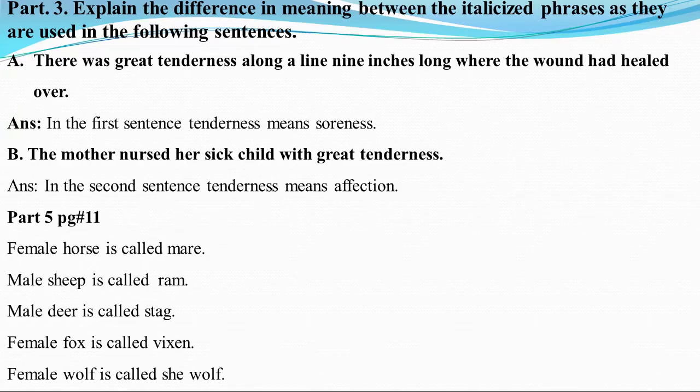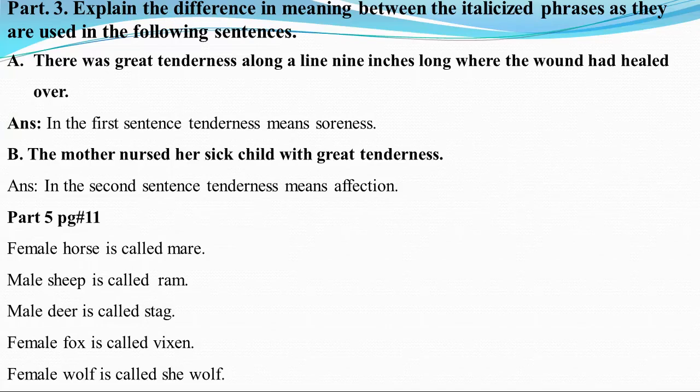The second one is, the mother nursed her sick child with great tenderness. Tenderness is used in both sentences. Now we have to tell the meaning of tenderness in both sentences. In part A, tenderness means soreness, and in part B, tenderness means affection.